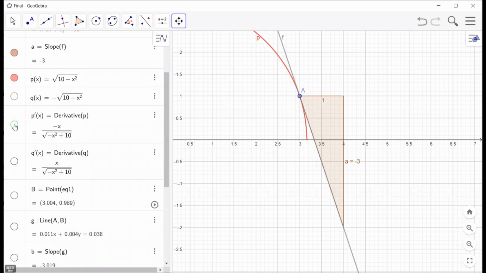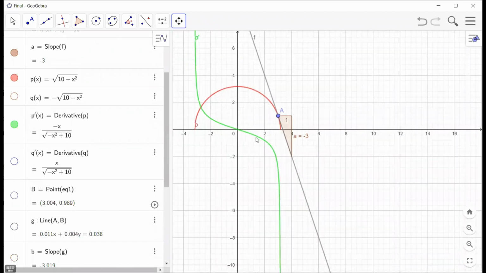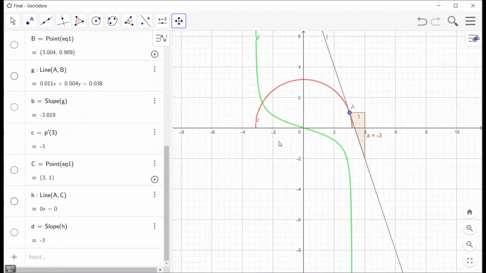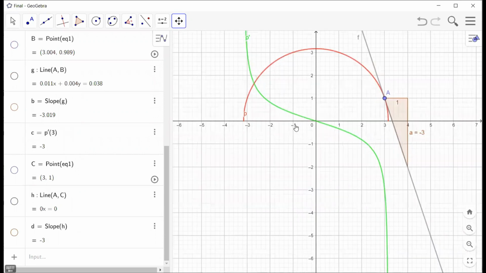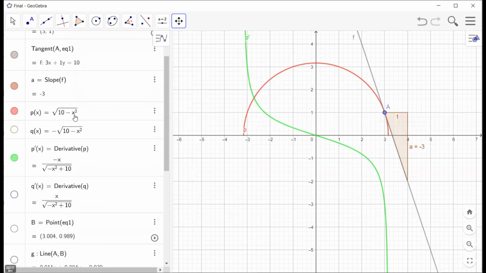So if I ask GeoGebra to draw for us the slope of the tangent, I mean the first derivative of this function. The first derivative of p, because our function p is the positive square root of 10 minus x square, because a equal 3 in this part of the relation.